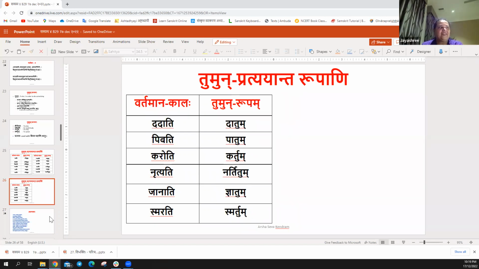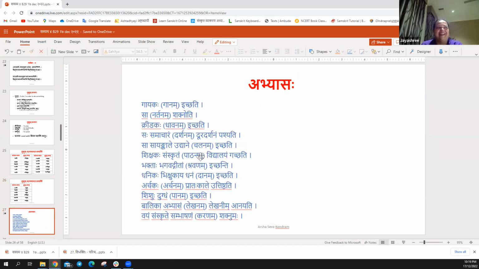Nartitum. Yeah, that's hard. So we can go through this again. Dadati datum, pipati patum, karoti kartum, nrityati nartitum, janati jnatum, smarati smartum. All right, we'll go back here.